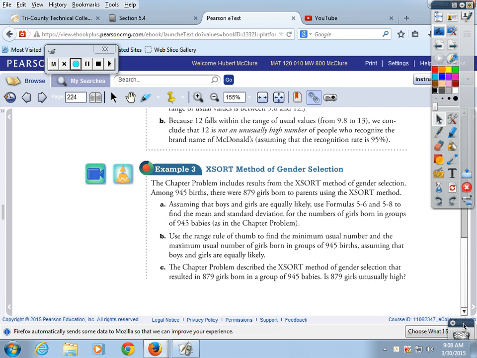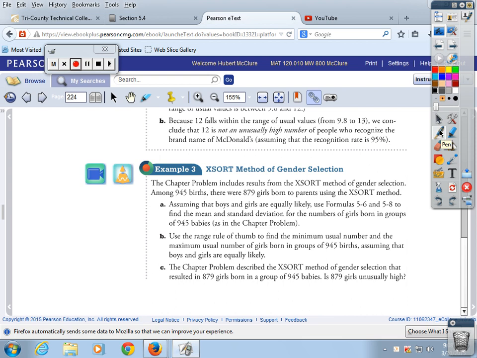There's 945 births. So that's n, right? What's the only probability that you've been given? So that means p is equal to what? 0.5.